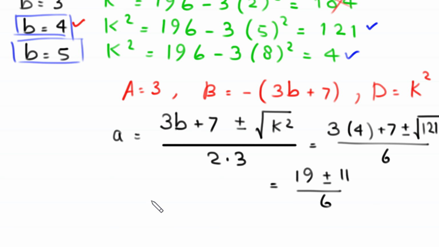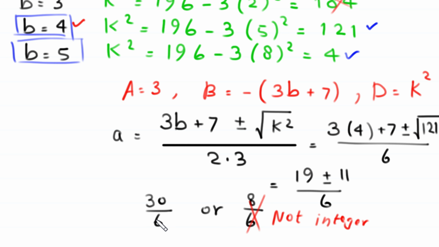This implies 19 plus 11 is 30 over 6, or 19 minus 11 is 8 over 6. This 8 over 6 is not an integer, so this will be rejected, and from this 30 over 6 we get the value of a equal to 5. So when b is 4, then a will be 5.